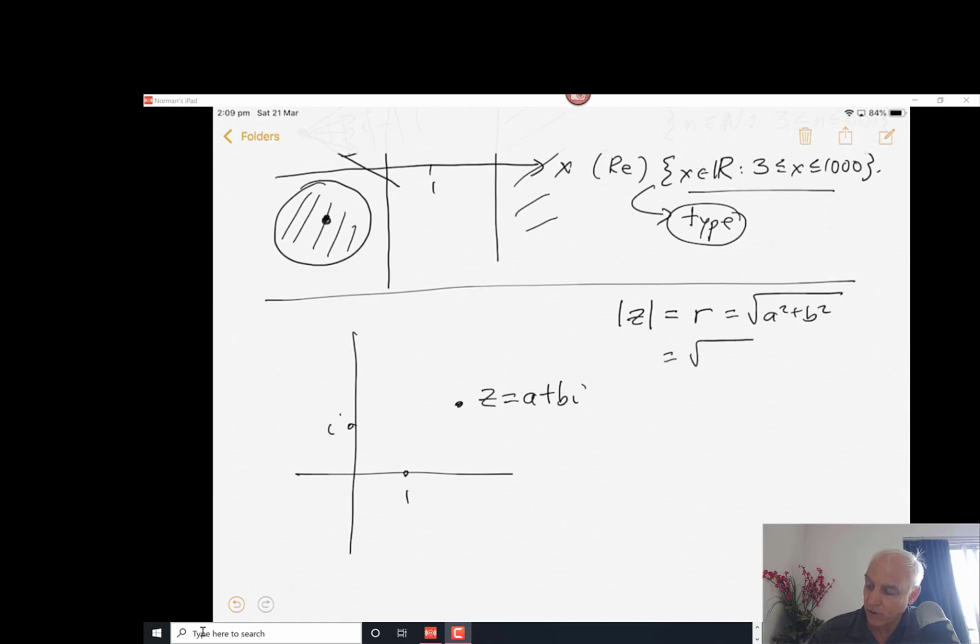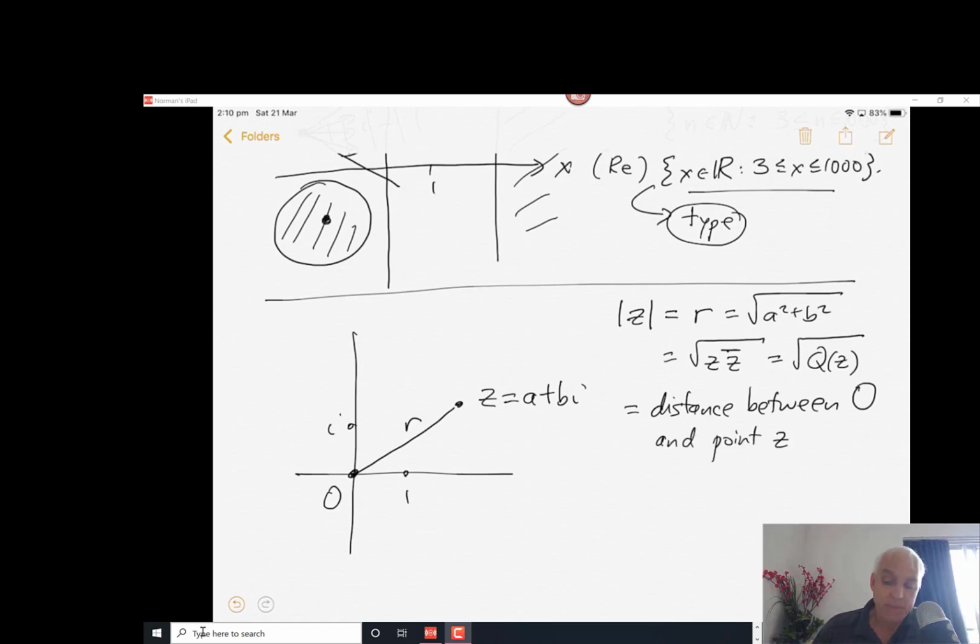Sometimes the square root of z times z bar is a little bit interesting, and I like to call that the quadrance of z. Okay, so that's the modulus of z, and of course that represents geometrically the distance between the origin and z. So this is actually a distance or a length. Distance between the origin O and the point z.